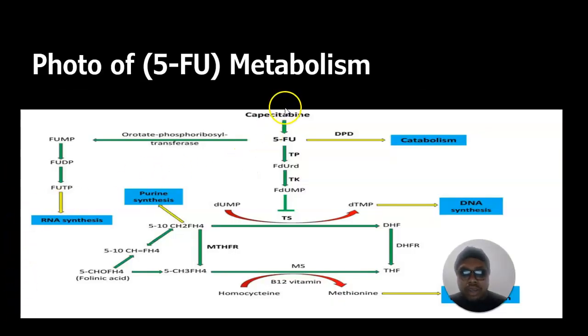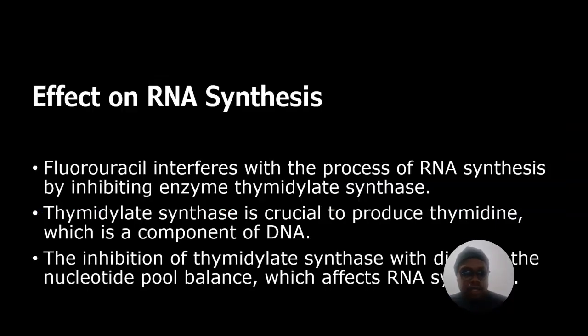And as you see right here, you see how 5-FU, which is fluorouracil, is being converted into either a triphosphate, or it's going to be converted into the fluorodeoxyuridine monophosphate. And what it does is it specifically antagonizes an enzyme which is called thymidylate synthase.